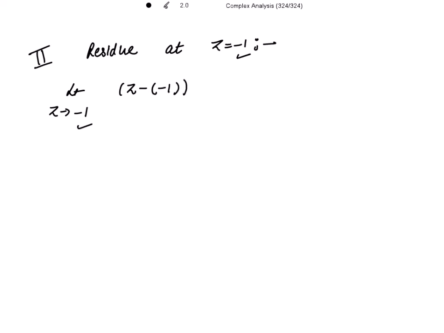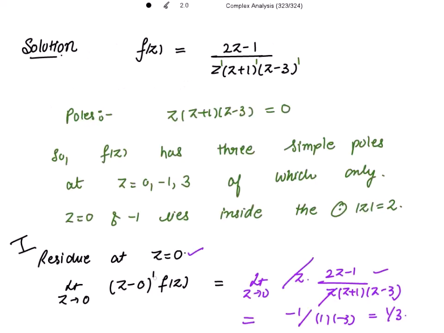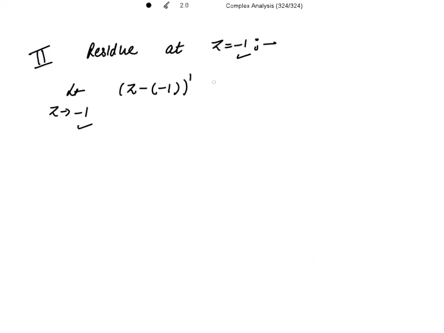Let's find the residue at z = -1. This is the limit z tending to -1 of (z minus this point) f(z). Because it is a simple pole, the power should be 1 here, right? So this is the limit z tending to -1, this is (z + 1), and writing the function (2z - 1) divided by z(z + 1)(z - 3).